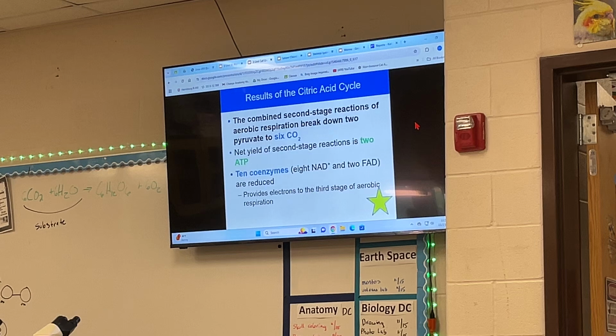So by the time the citric acid cycle is done, all 6 carbon dioxides have been formed, so all the carbon is gone from our original glucose. There's no more carbon. The citric acid cycle has also made 2 more ATP, so by the time we've done glycolysis and the citric acid cycle, we've got 4 total ATP, 6 if we're counting the other 2, but 4 new ATP.